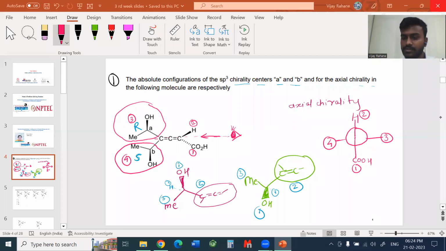So the numbering will be like this. And if you see first, second, and third, it is clockwise, that is R configuration.